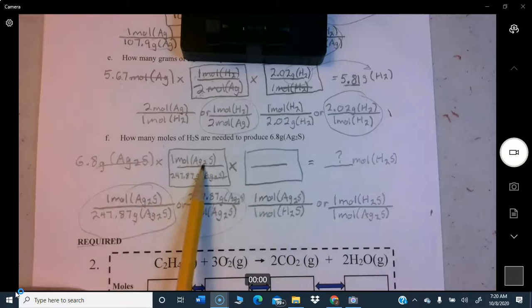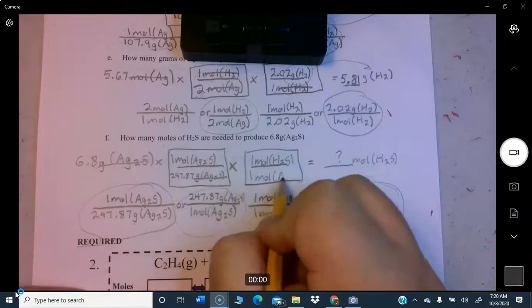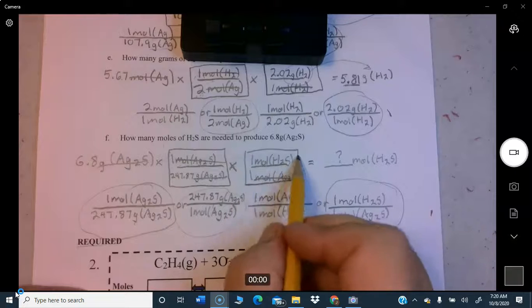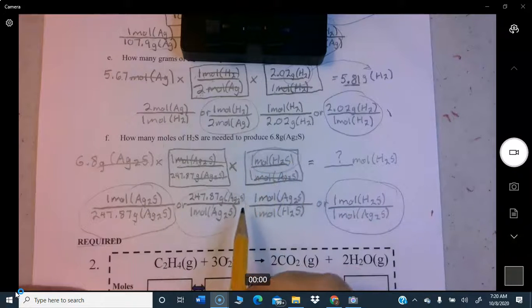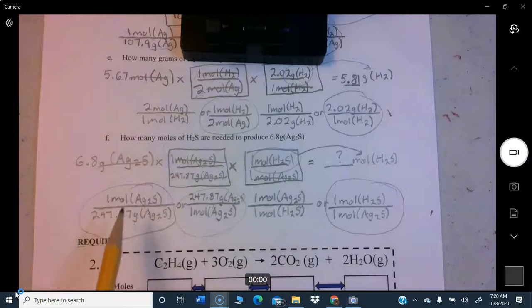We need moles of Ag2S to cancel and moles of H2S to appear on the top. That's going to be this one. Moles of Ag2S cancels with moles of Ag2S. That's the last unit left. That's what we want on our final answer. So now it's going to be 6.8 times 1 divided by 247.87 divided by 1.